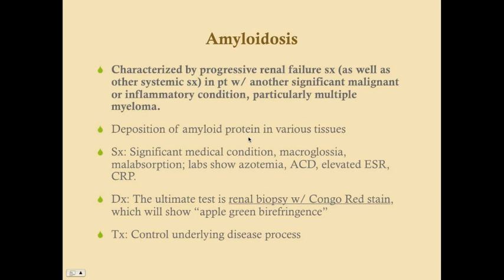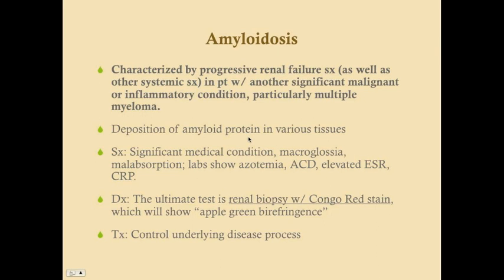Your labs will show azotemia. Of course, you're going to see anemia of chronic disease, and that's not necessarily because of the amyloidosis, but because they have some kind of inflammatory condition or malignant condition that coexists. And they will have an elevated ESR or CRP.